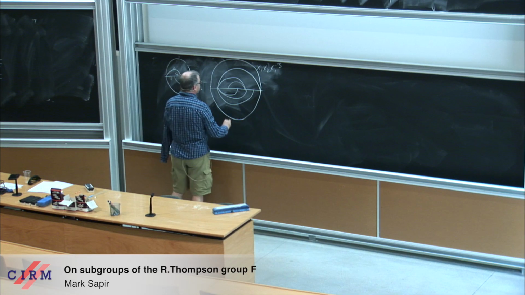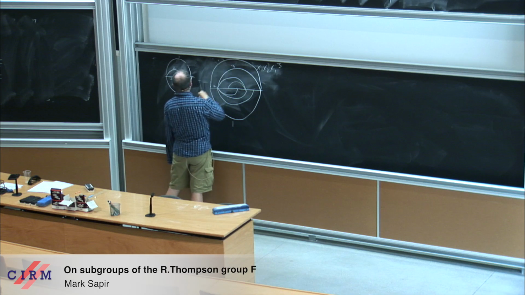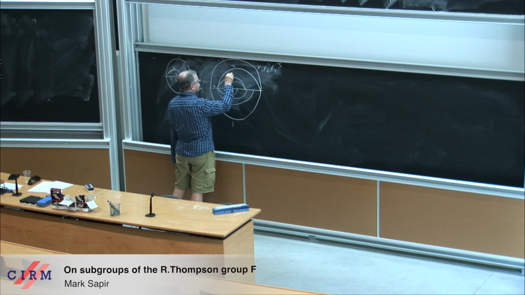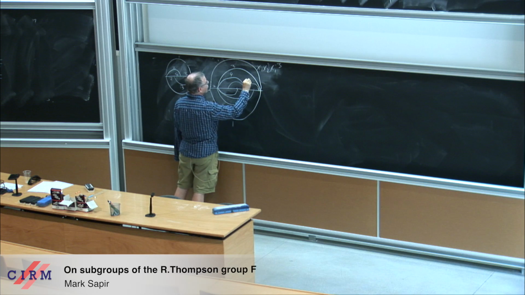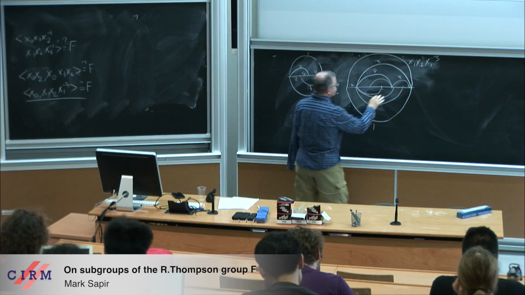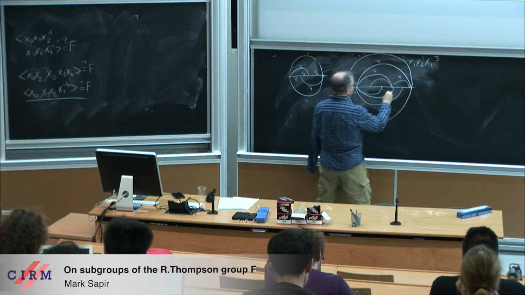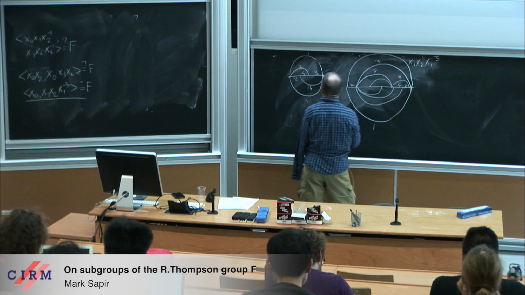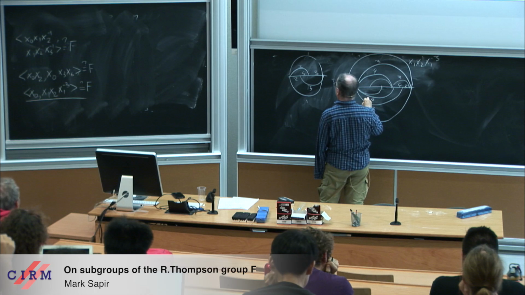This is 1, this is 1, this is 2, this is 3. 3 is 4, 3, so this is 4, 3. And then what? 3 is 4, 3. Sorry, this is 3, 4.